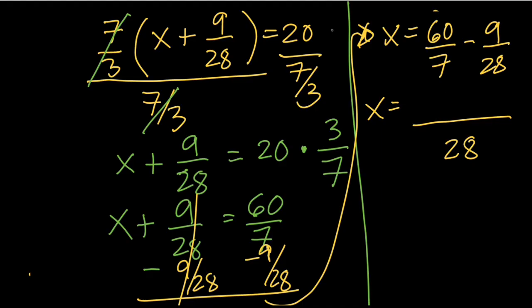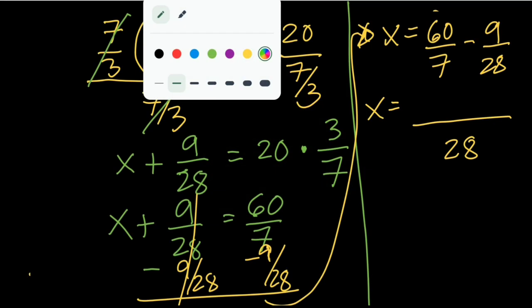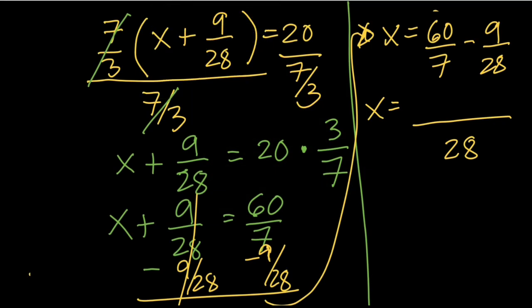So 28 divided by 7. What is 28 divided by 7? No, 28 divided by 7. How many 7s are there in 28? Yeah, 4. Then 4 times 60 minus 9.